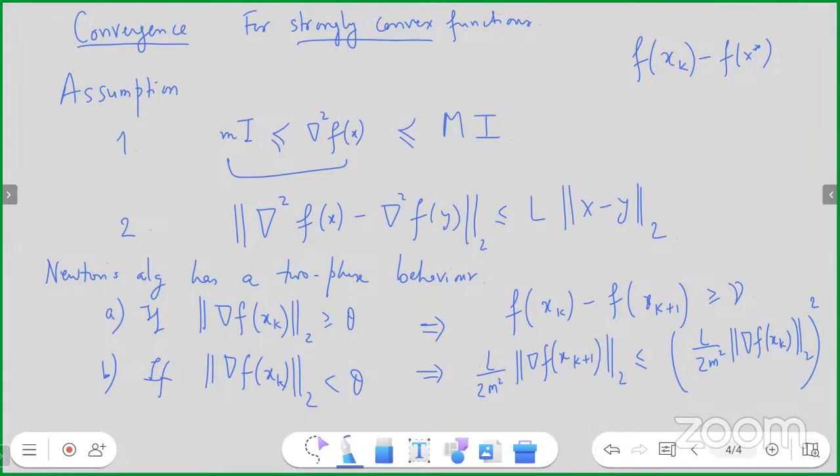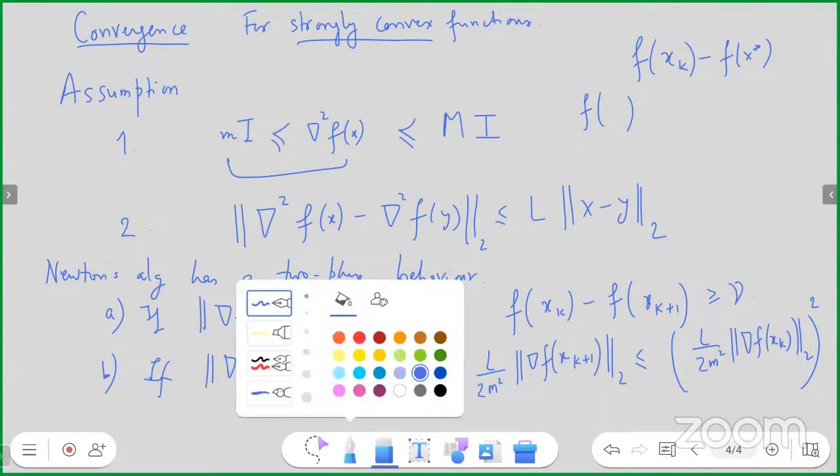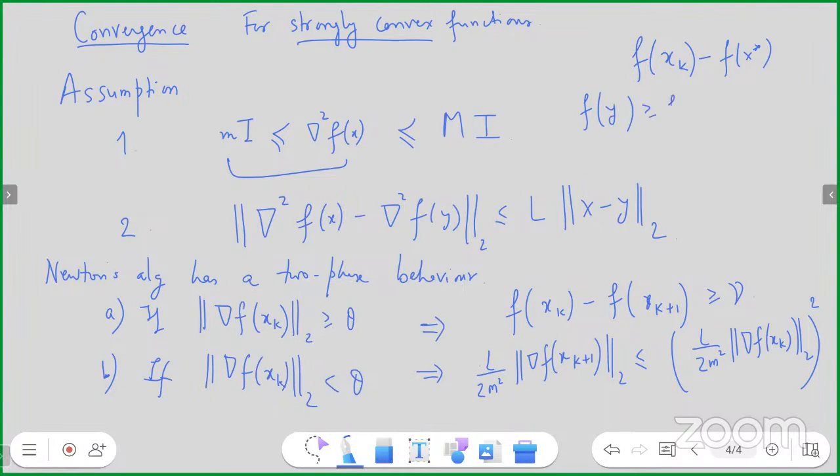You don't actually have to go back all the way. What does it tell you about just this? How much? That f of xk, or rather, let's just do it for general y. F of y is greater than or equal to f of x, and specialize it to x star if you want.